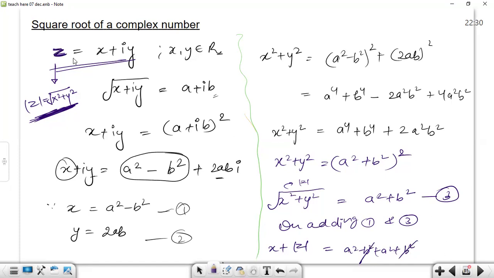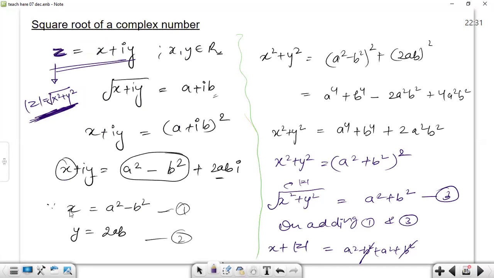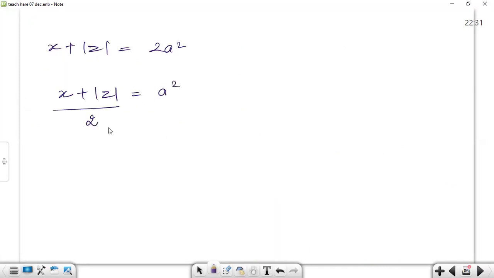So x plus modulus of z is equal to 2a square. Now, a square is equal to x plus modulus of z divided by 2. I think there is a problem with the solution. I'm checking it again. Okay, no problem. So a square is this.